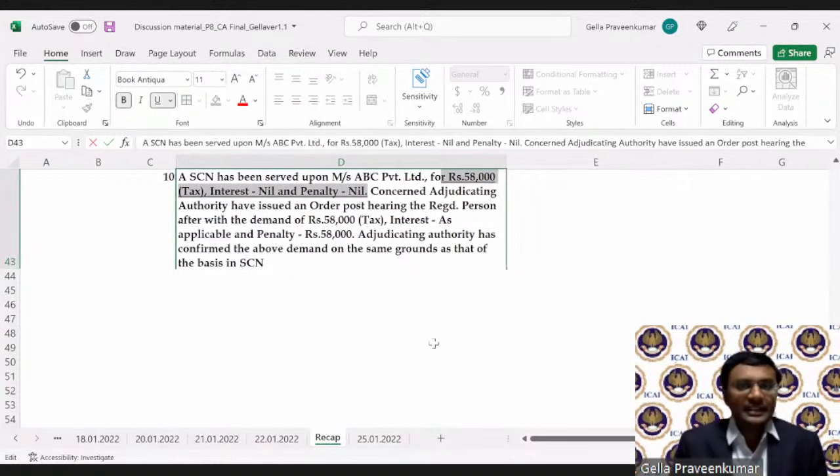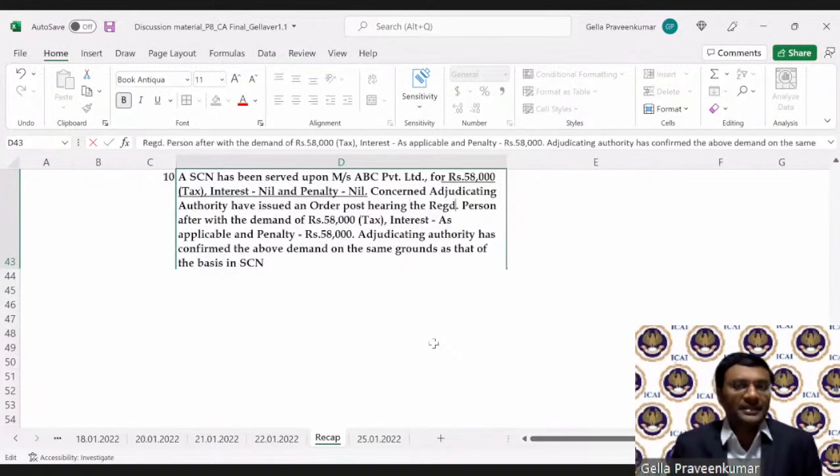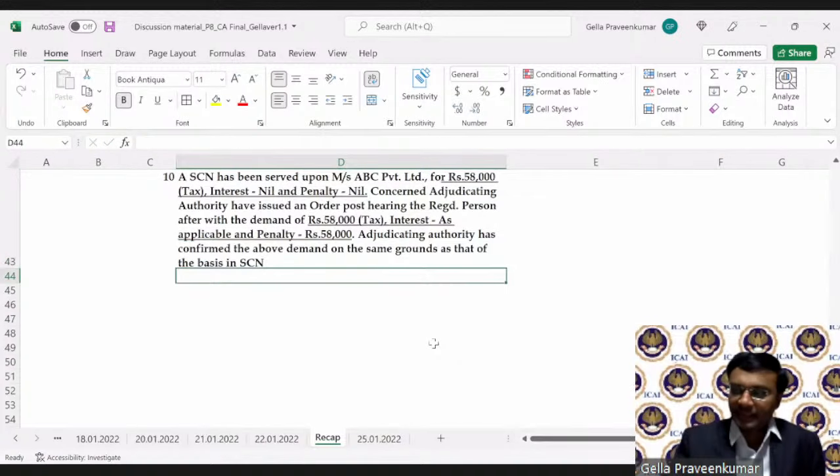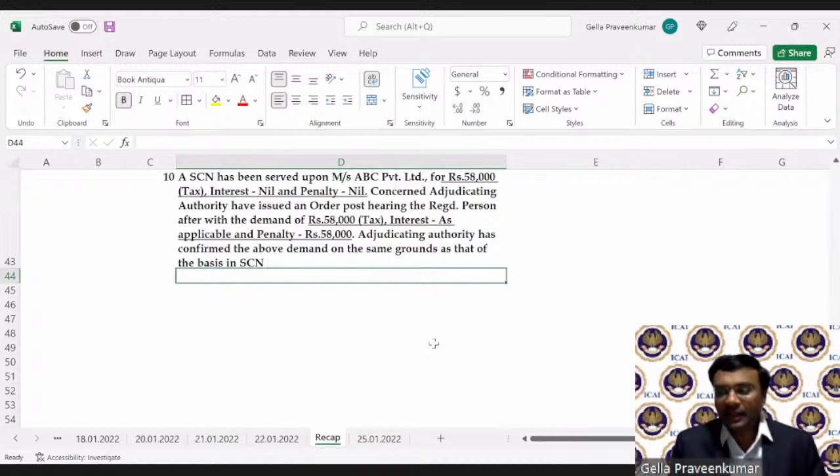This is the amount shown in the show cause notice. However, the authority who passed an order post a personal hearing confirmed a demand for tax 58,000, interest as applicable, penalty 58,000. This is what happened in the order.